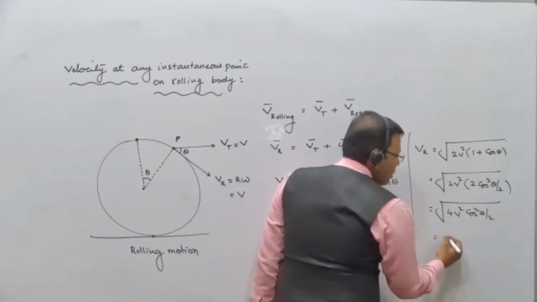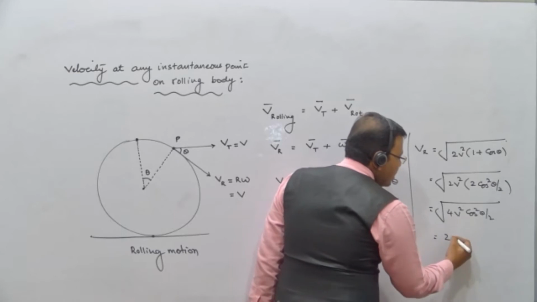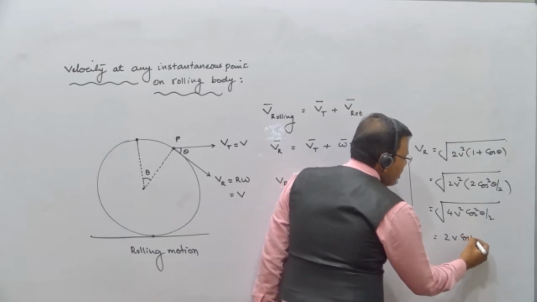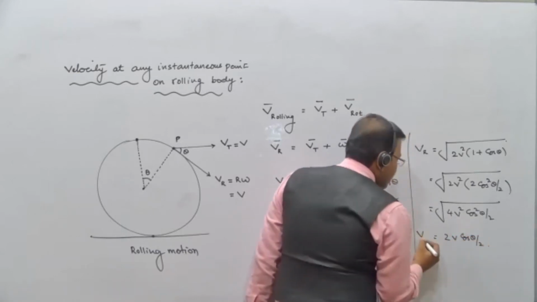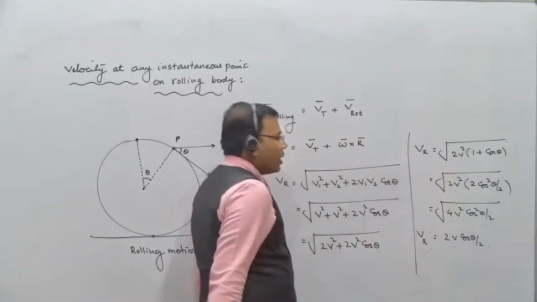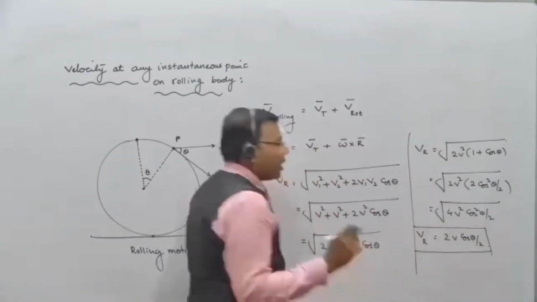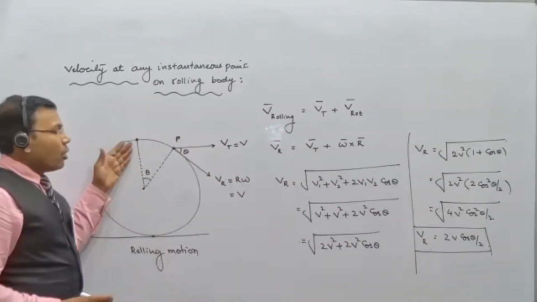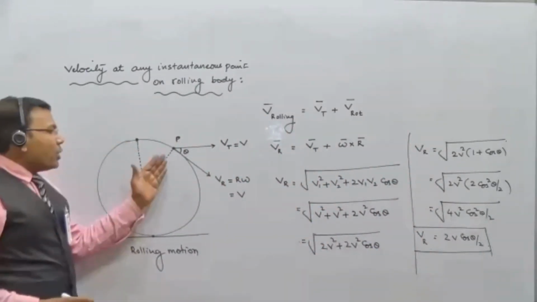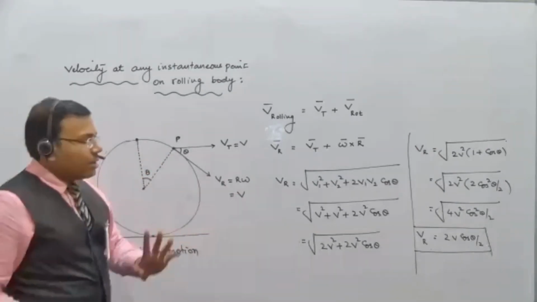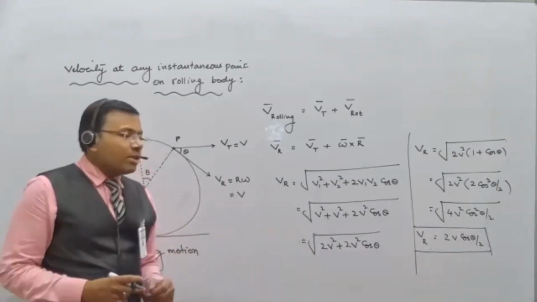The square root of 4 is 2, and this is v and cos theta by 2. So this is the velocity for a rolling body, and you can apply it for any point. You can apply it for the top point, the bottom point, or any point to get the resultant velocity by using that formula.